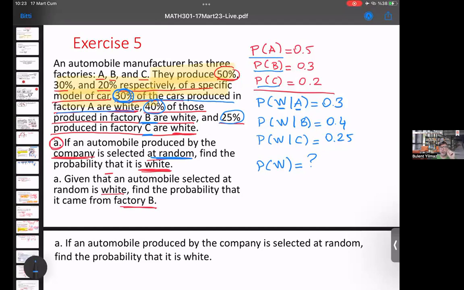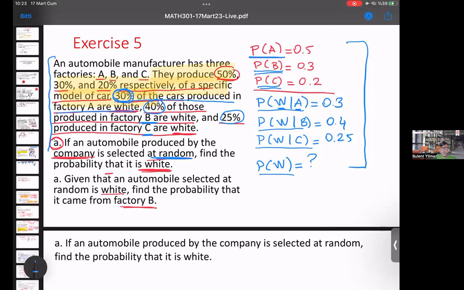This question is easy to understand, but there are some tricky questions in which you have to understand all the words and put the words into numbers like that. That may be a problem for some people. Please make sure you practice enough to be able to come up with such a process. You're going to write P(A), P(B), P(C), and P(W given A), P(W given B), P(W given C), and now I want to find out P(W).